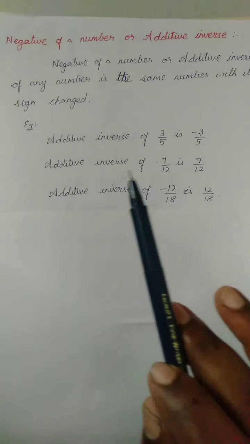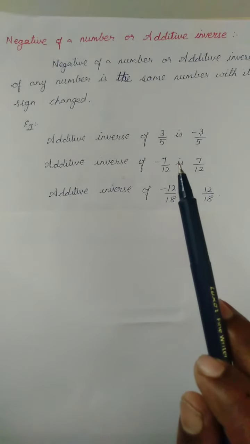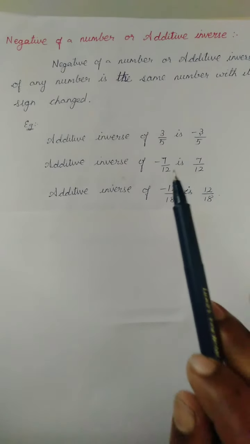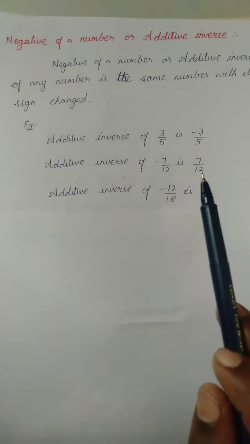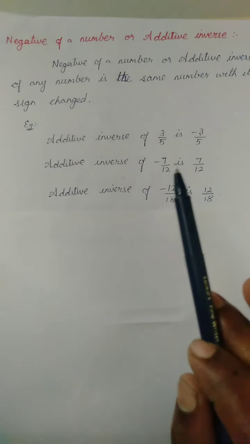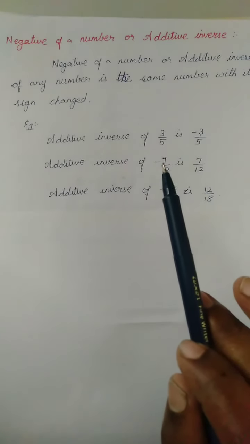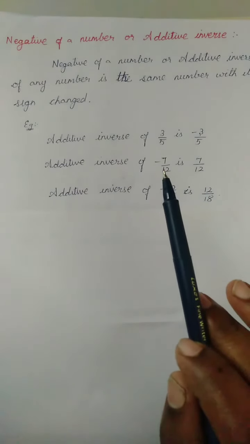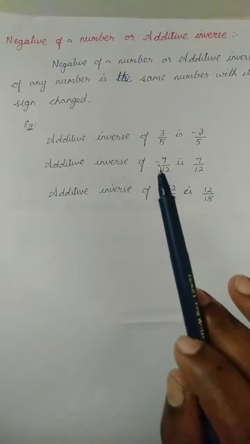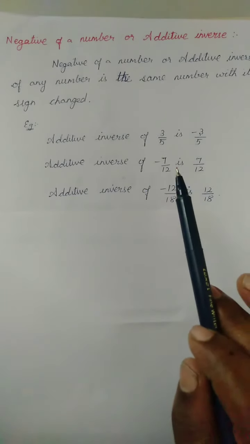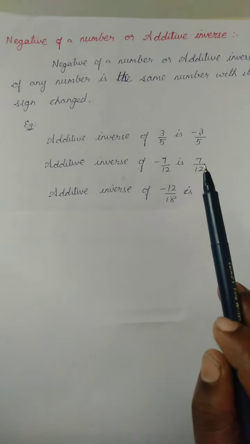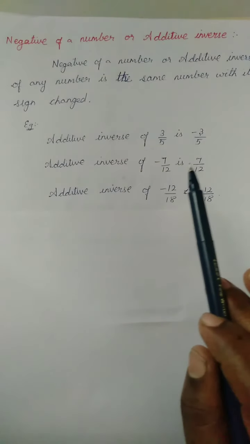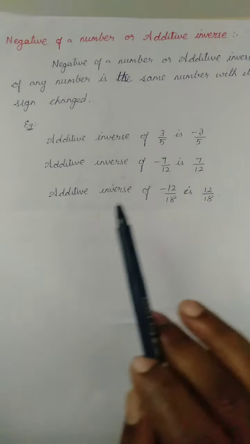So additive inverse of a negative rational number is positive 7 by 12, where you should not write any sign, since minus 7 by 12 is a negative rational number. Additive inverse of a negative rational number will be its positive rational number. So additive inverse of minus 7 by 12 is 7 by 12.